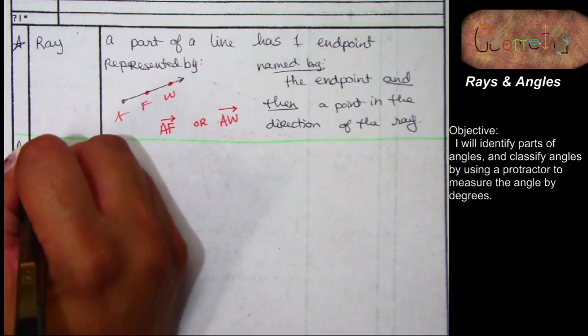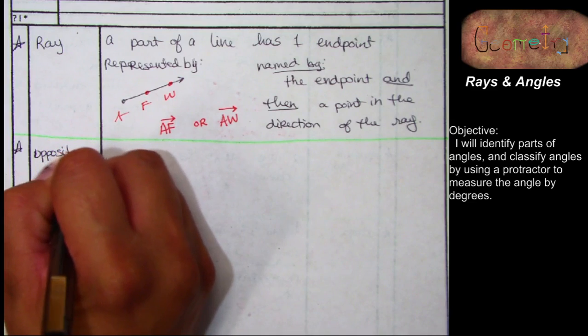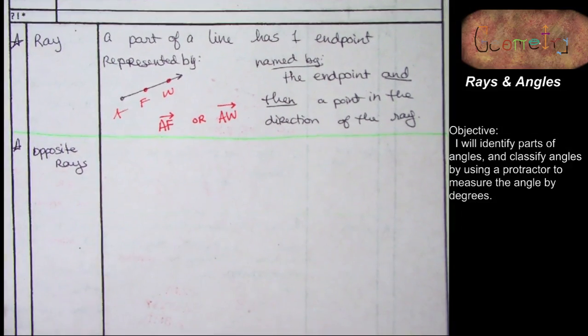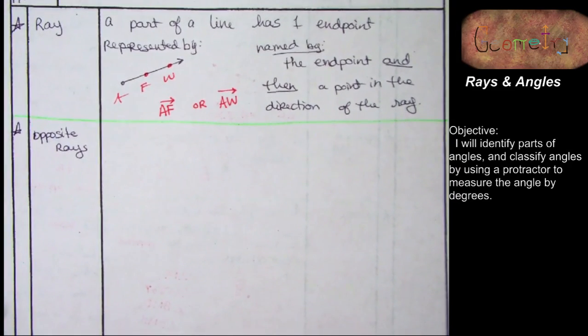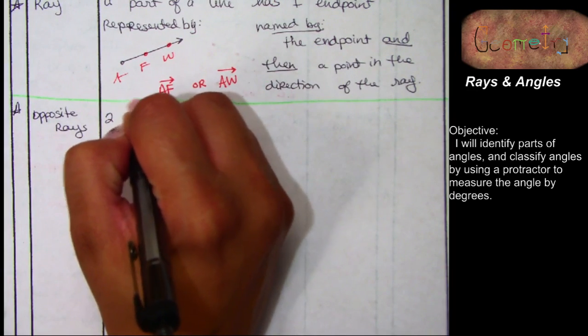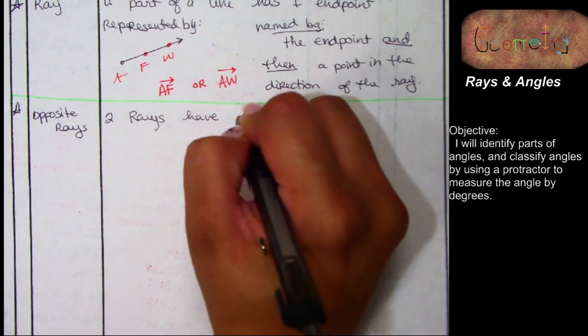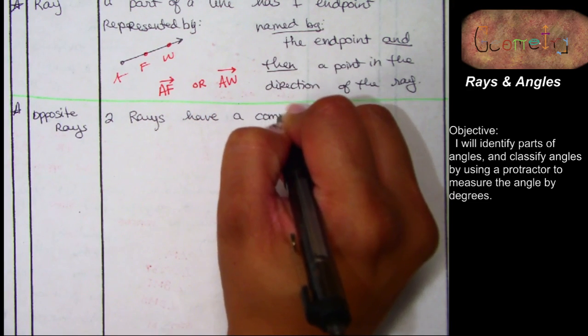All right. Let's talk about what happens when Ray has a twin sister. Oh, snap. We end up with stuff called opposite rays. Opposite rays are two rays. These rays have a common endpoint.